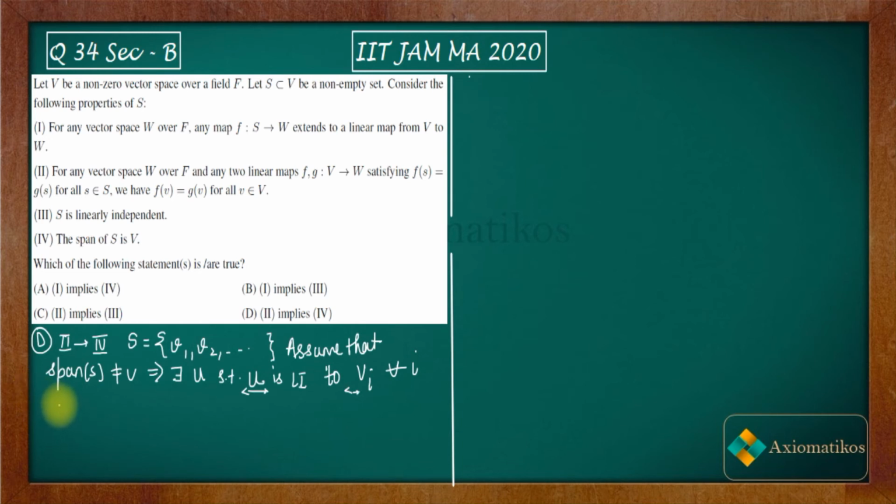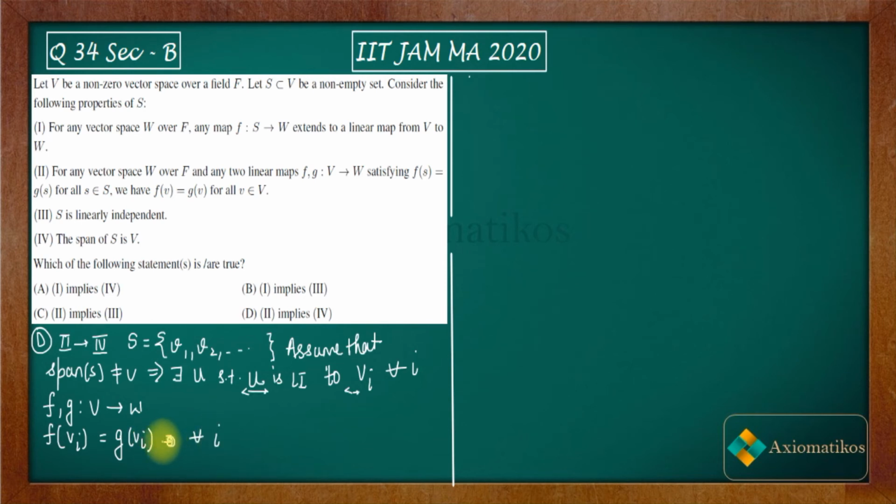Now from the second statement, if we choose any linear functions such that F and G are linear maps from V to W, which satisfy F(s) equal to G(s) for all s belonging to S. All right. So F and G are linear maps from V to W. Now let us map this Vi. So F of Vi is equal to G of Vi for all i.